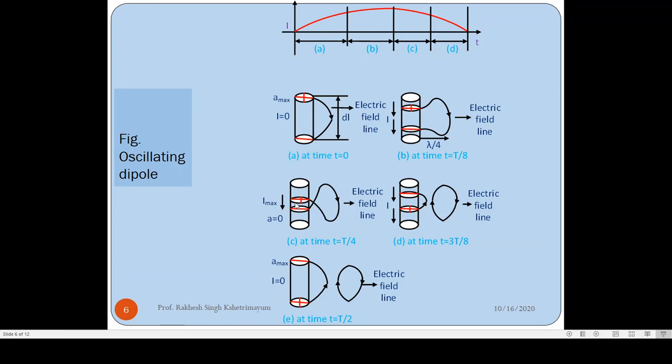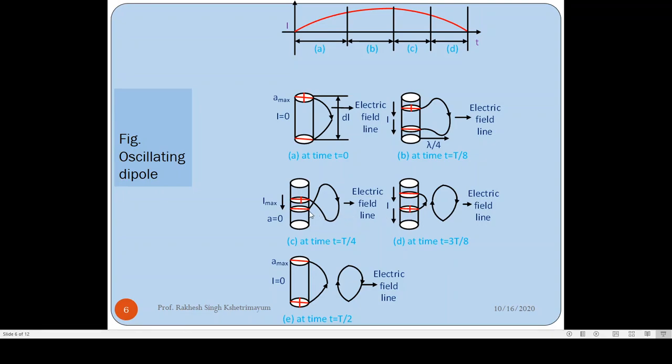Then after that the charges will cross each other. The positive charge will keep on going in this direction and the negative charge will keep on going in this direction. The negative charge is going in this direction, current is still flowing in this direction, and the positive charge is moving in this direction, current is still flowing.